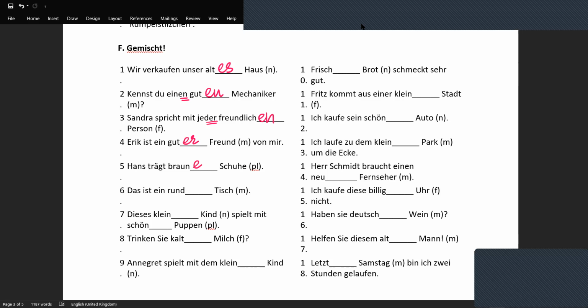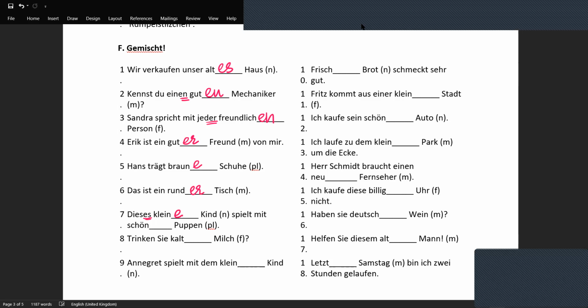Das ist ein runder Tisch. That is correct. Dieses kleines... This is a demonstrative article. Klein, it is telling us, yeah, the kleiner, yeah, that is correct.